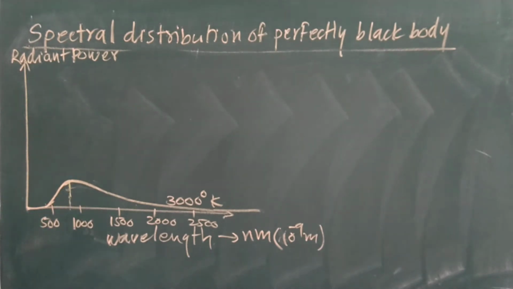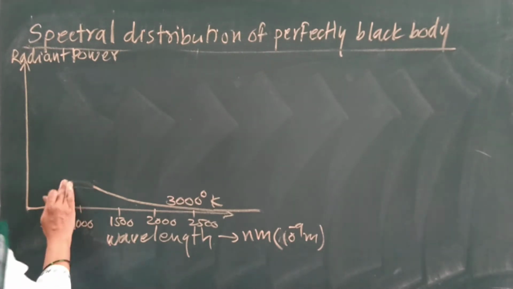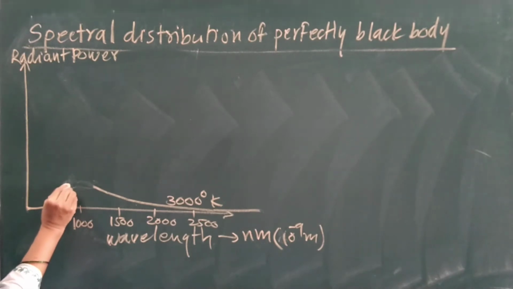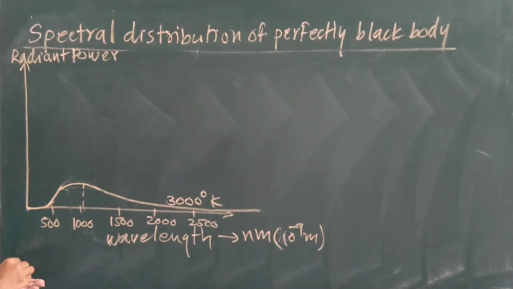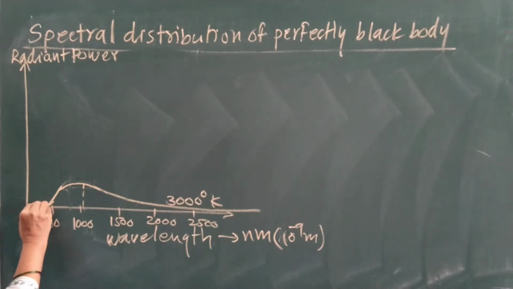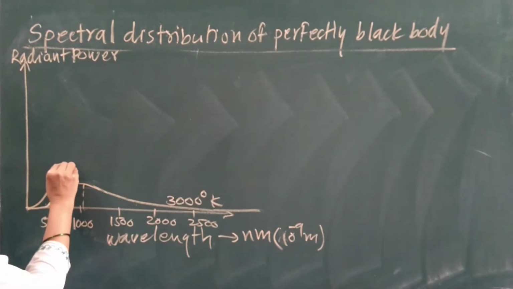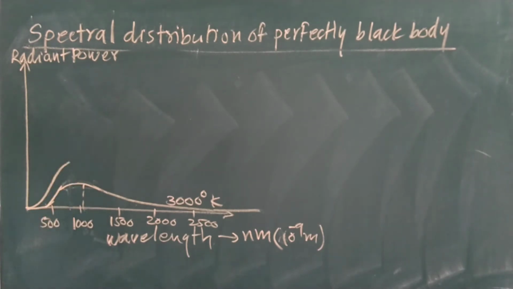Clear? Then if I raise the temperature to somewhere, I can say 4000 degree Kelvin. So इसका पिक और यहाँ पे थोड़ा सा आगे चला जाता है यहाँ पे somewhere. If I plot the next graph of 4000, तो उसका पिक थोड़ा सा यहाँ पे कहाँ तो भी बीच में आ जाता है.